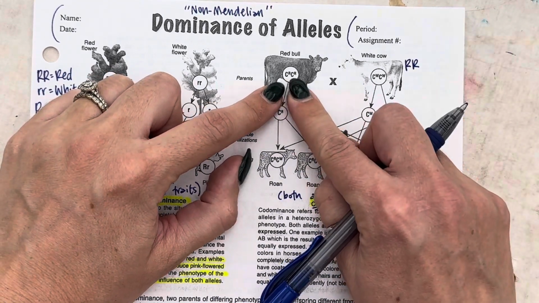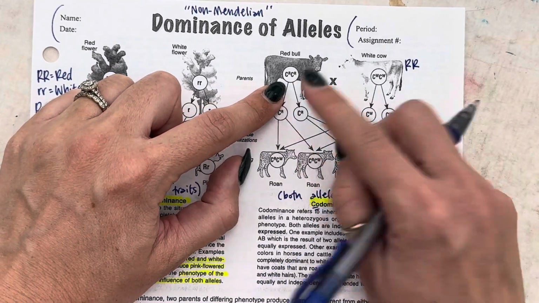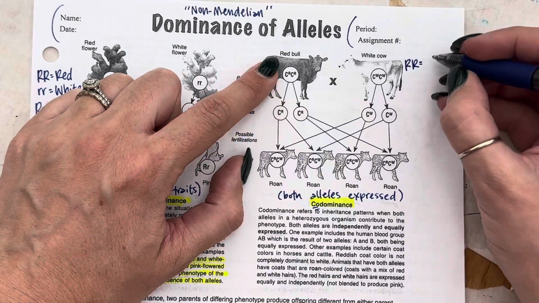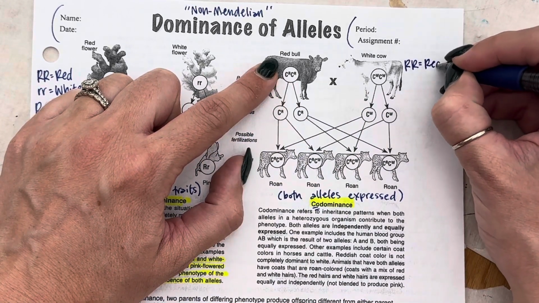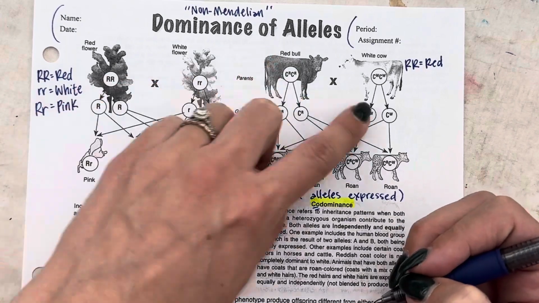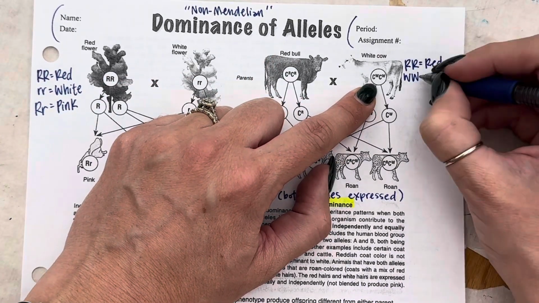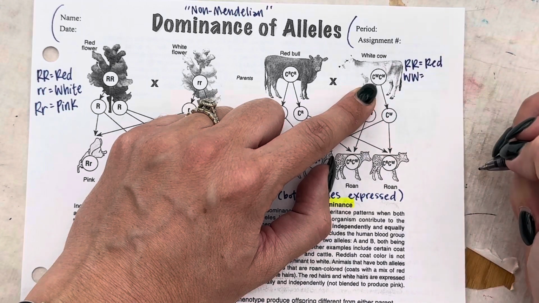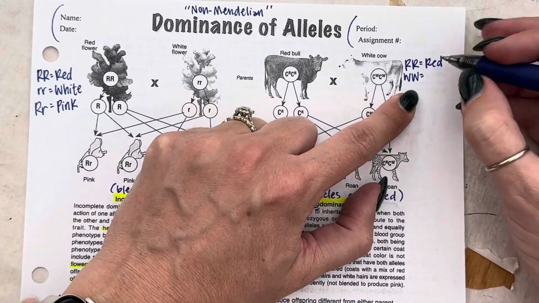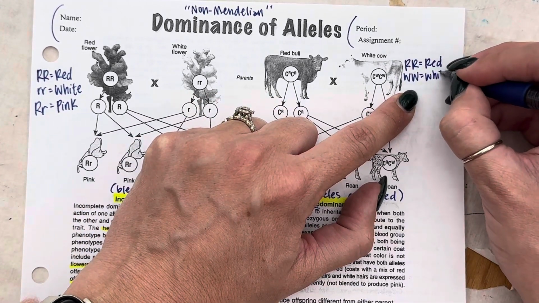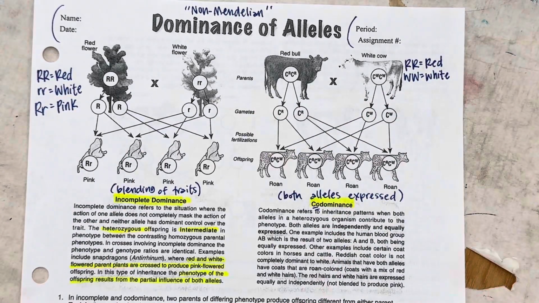When we inherit two capital R's, we end up having the phenotype of being a red bull. When we inherit two W alleles, they're both capital, we would end up being a white cow or a bull.